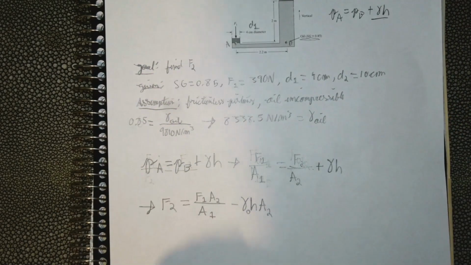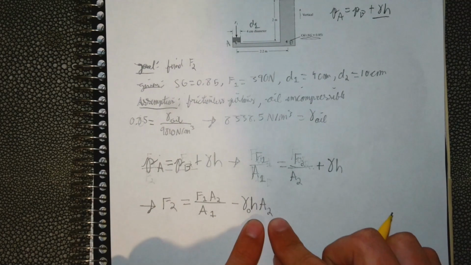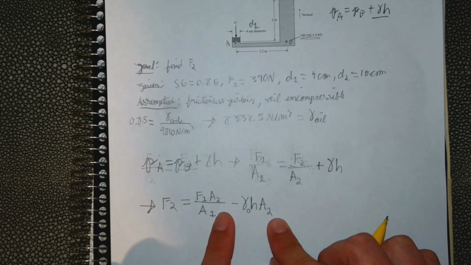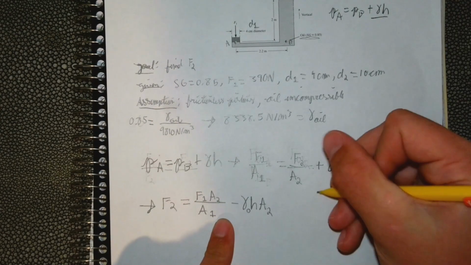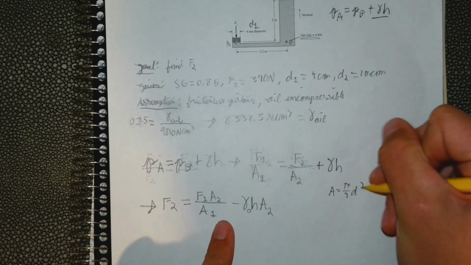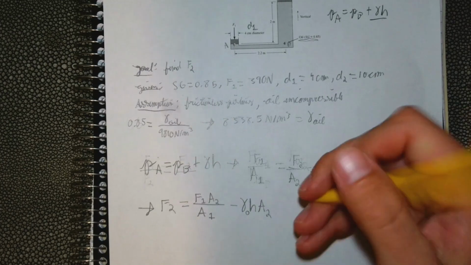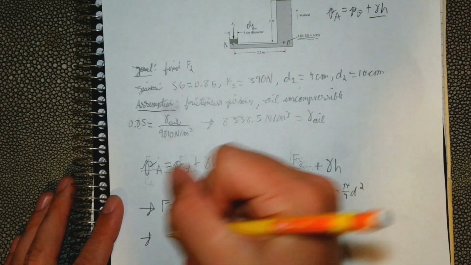Okay, so I just did some algebra and rearranged it. Now we need to know, how do we find area, right? Like I said earlier, area is pi over 4 times diameter squared for these circular pistons. So we can go ahead and plug those in.